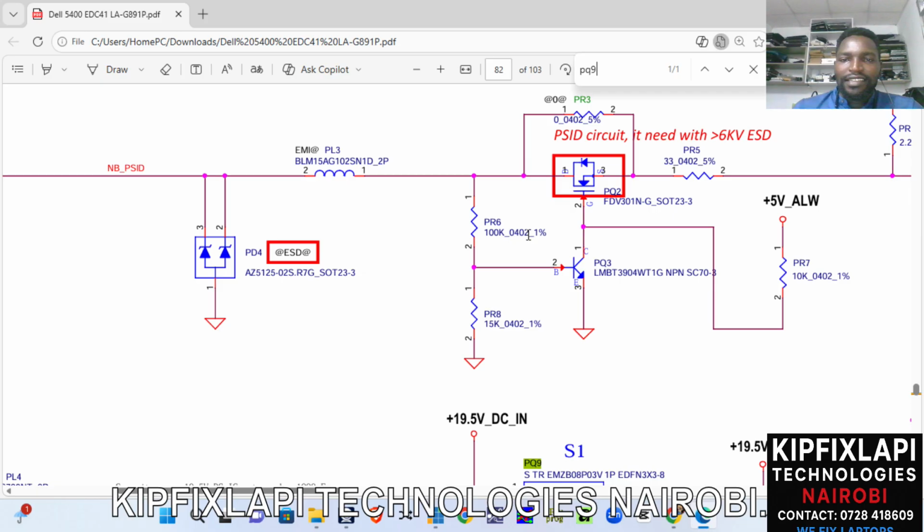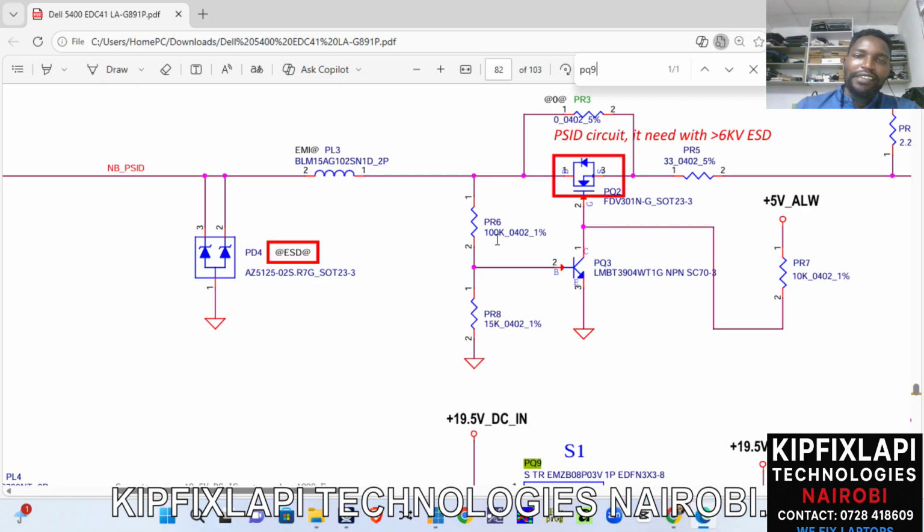These are the codings, the writings which are here. This one shows the size of that component in terms of length and width. So 0402 means 4 millimeter by length and 2 millimeter by width. Then this percentage shows the error you might get in the resistance, which is 1%.